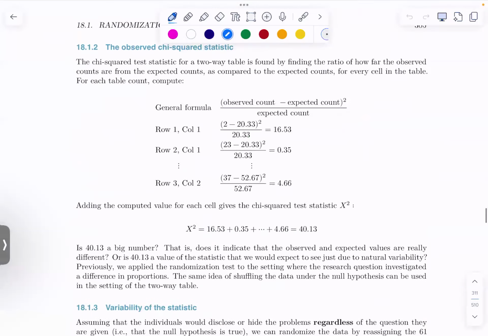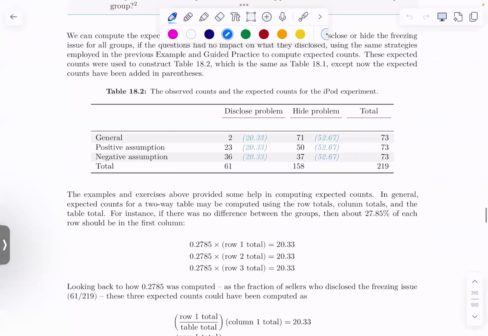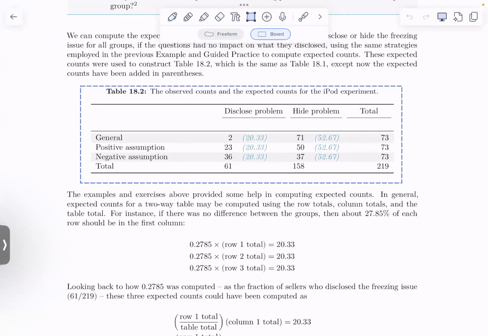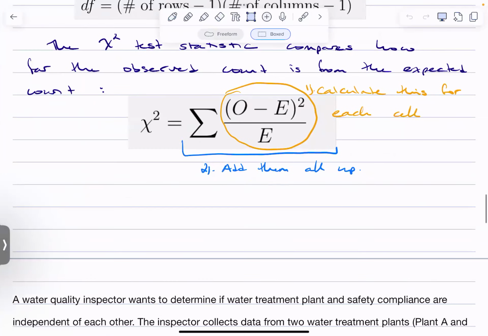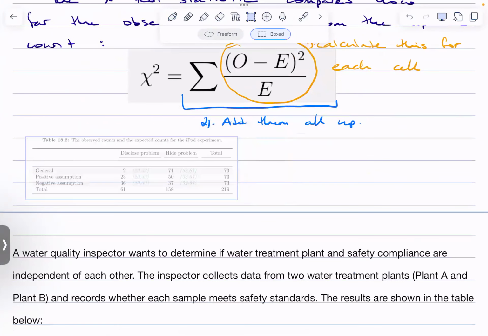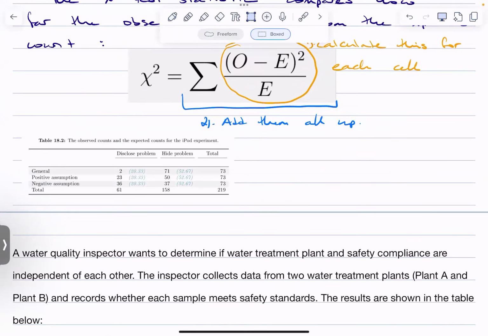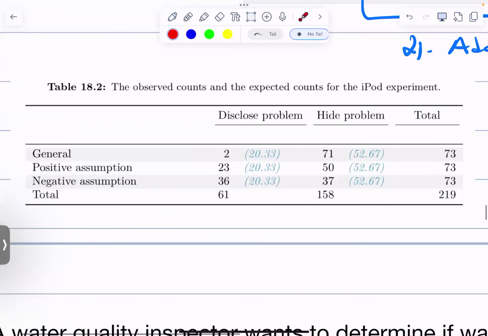You would have, where is it? So here, we could calculate the observed count, and then we have our expected counts.